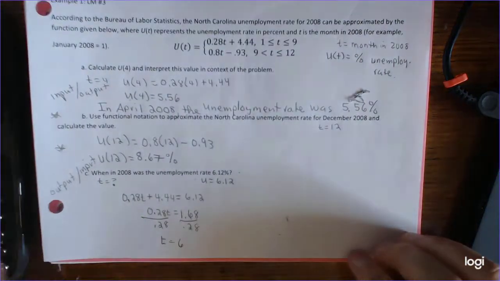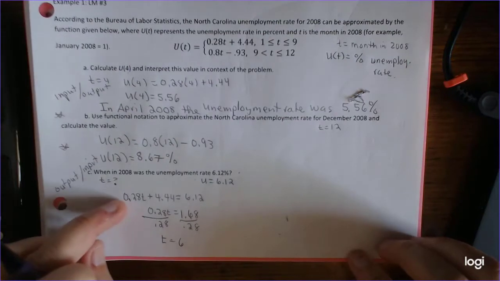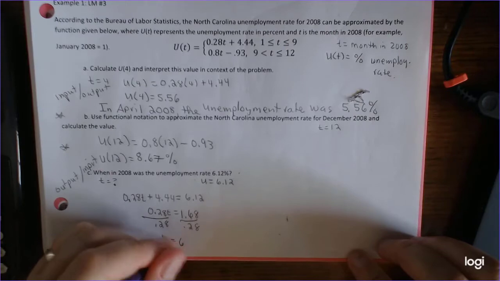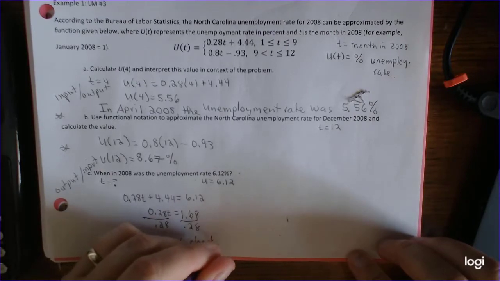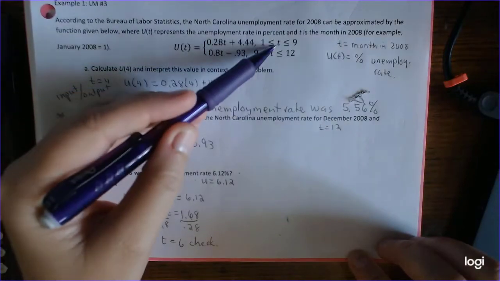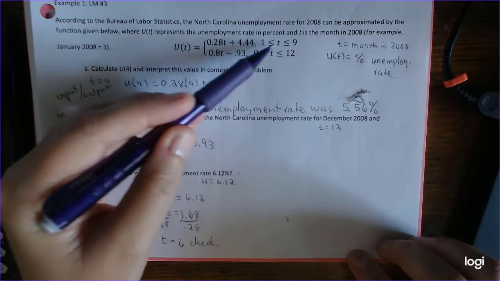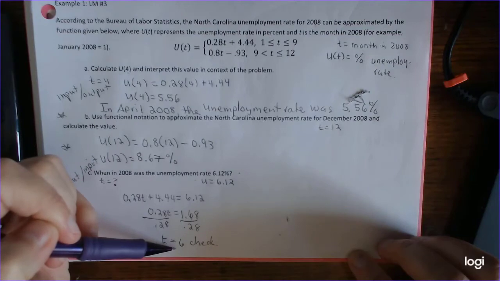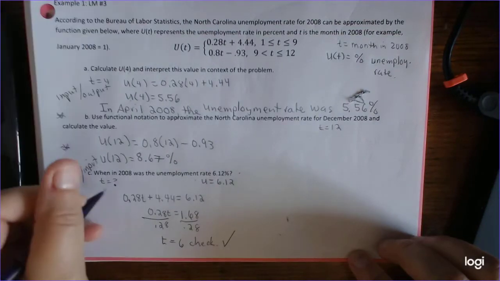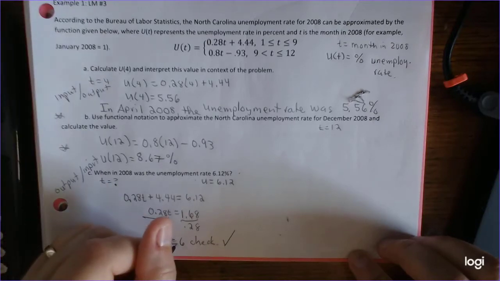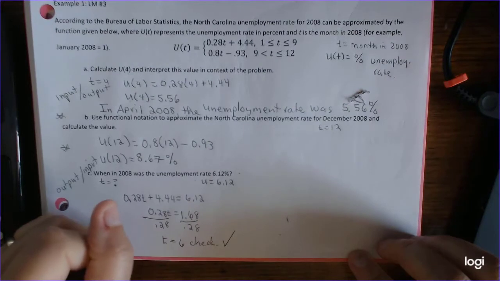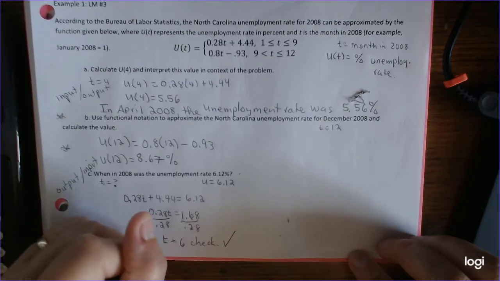So what do you do with this? Well, we've solved this equation for t, but you have to check this against this domain here. So the top equation, the t values can only be between 1 and 9. Is 6 between 1 and 9? Yeah, so that works. And then we have to answer the question. The answer really isn't 6 until you think about it. t stands for months in 2008, so that would be June 2008. That's the answer.